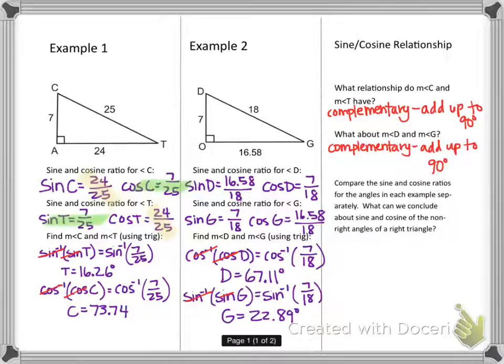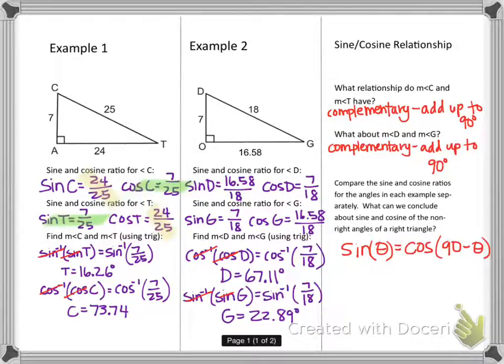That occurs in the second example too. Sine of D is equal to cosine of G, and cosine of D is equal to sine of G. So basically the cosine and sine ratios are equal for complementary angles.